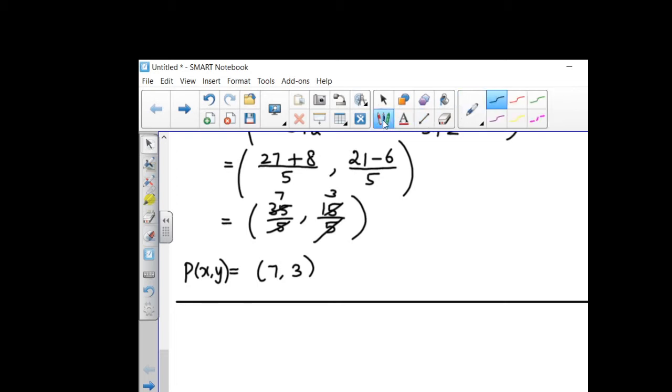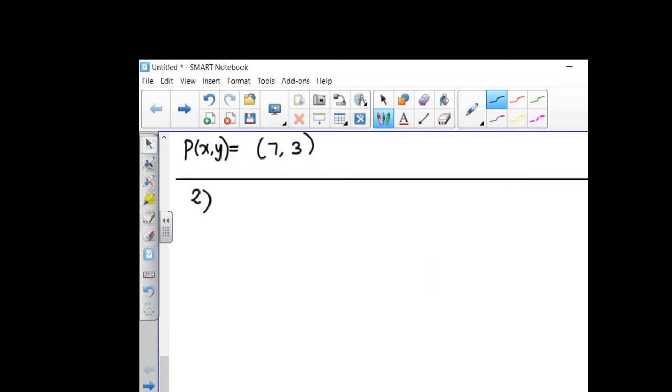Then next problem: in what ratio does the point P of 2, minus 5 divide the line segment joining A of minus 3, 5 and B of 4, minus 9?